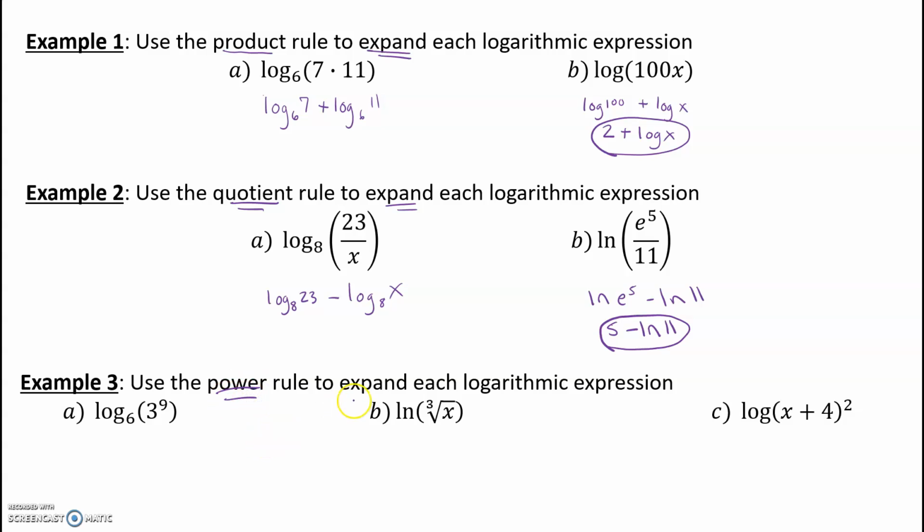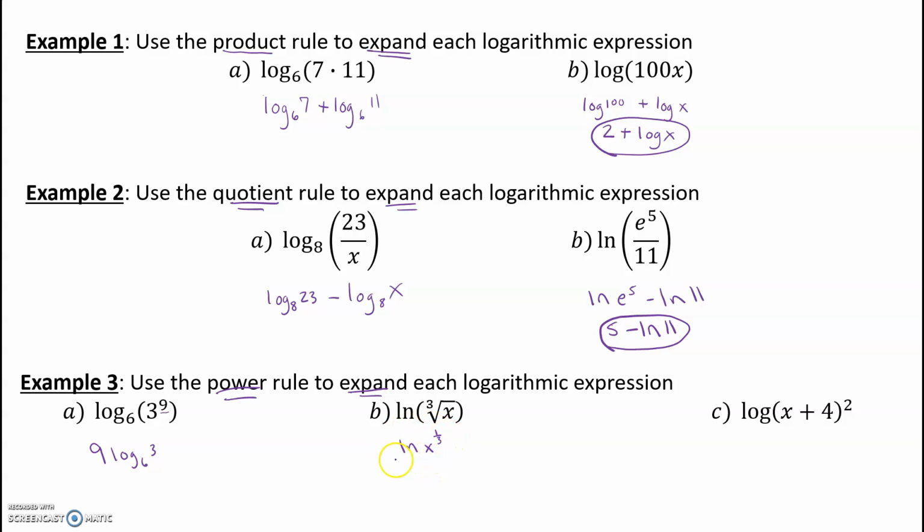The power rule, again, they're telling us to expand. So see that 3 to the 9th? You can take that 9 and bring it out front. So we can write this as 9 log base 6 of 3. Moving on. This might not look like a power rule to you, but remember you can write this as x to the power, cube root.